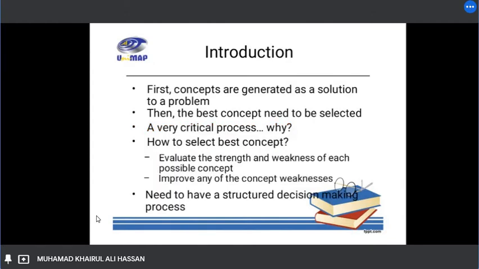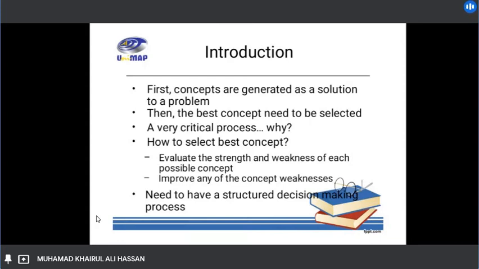Okay. So how to select the best concept? First of all, we need to evaluate the strengths and weaknesses of each possible concept. I believe all of you will produce at least 5 concepts, and from the 5 concepts, you will determine the strengths and weaknesses for each concept.